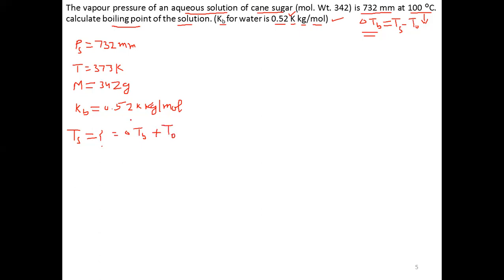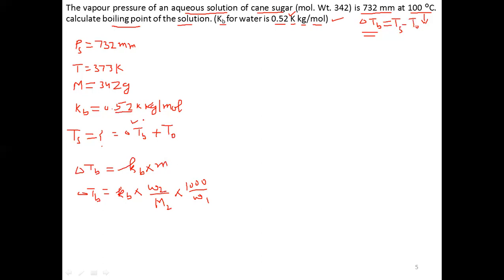Now we just have to calculate delta Tb, and to calculate it we have a relation: delta Tb is equal to Kb into m. Putting the value of molality, which is weight of solute divided by molecular weight of solute into 1000 divided by weight of solvent in grams.